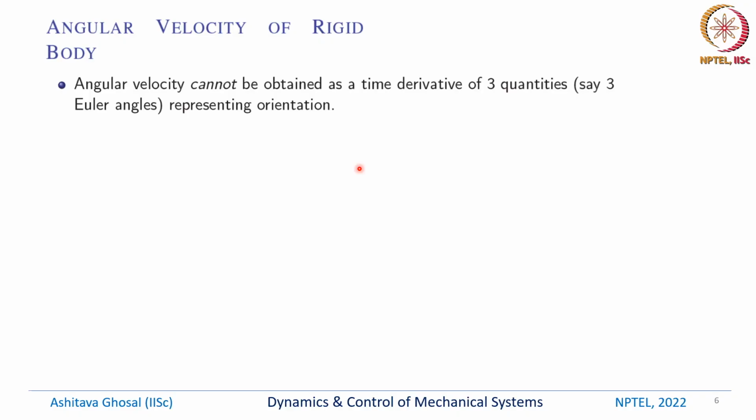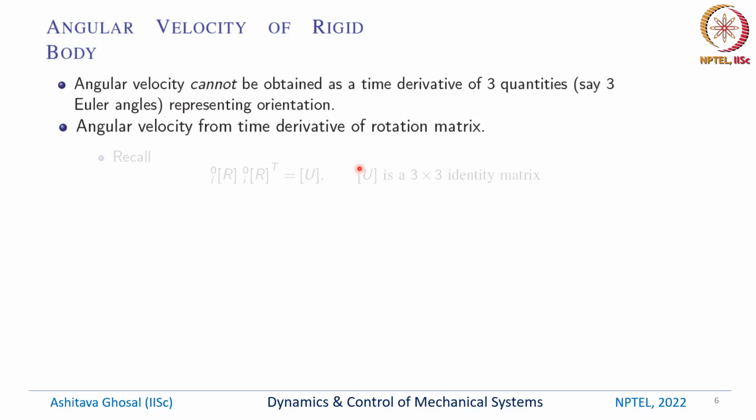This is unlike the position velocity relationship: if the position vector is x, y, z, the linear velocity is x dot, y dot, z dot. So angular velocity will be obtained from the time derivative of a rotation matrix.